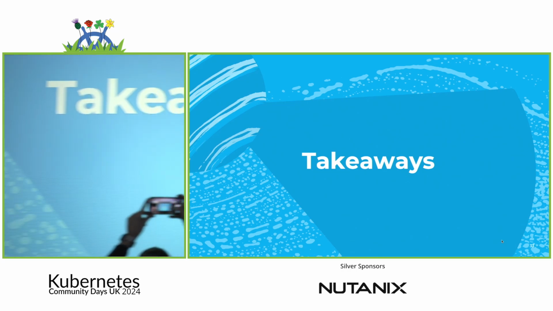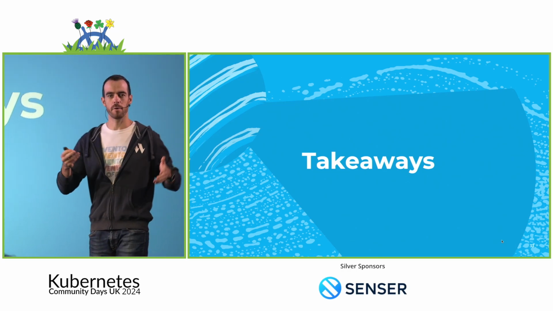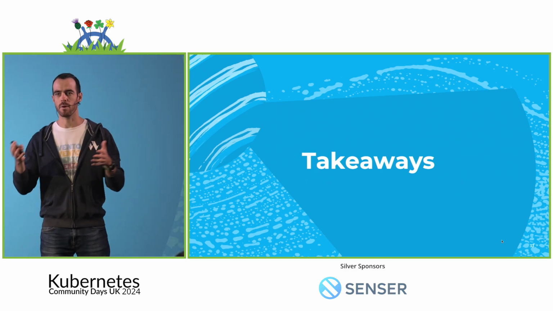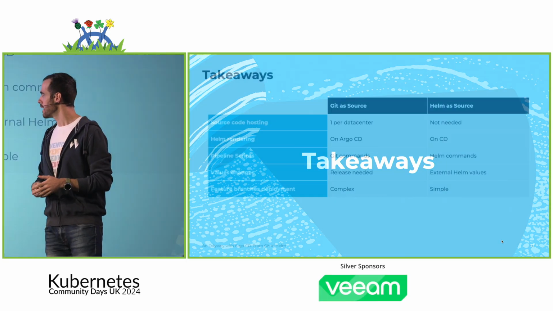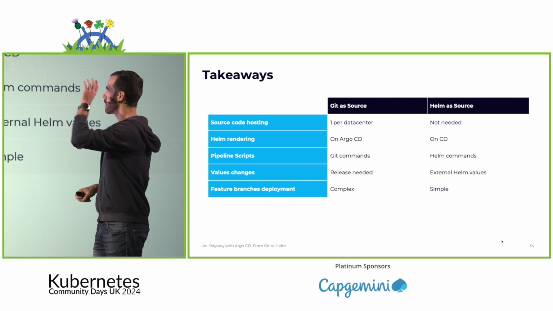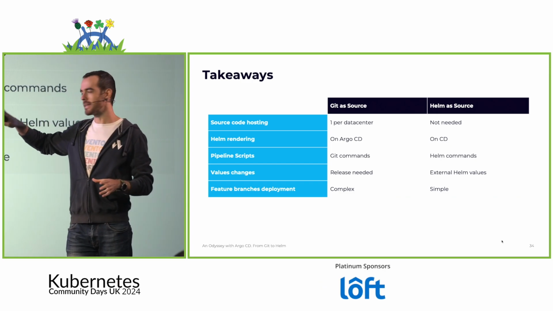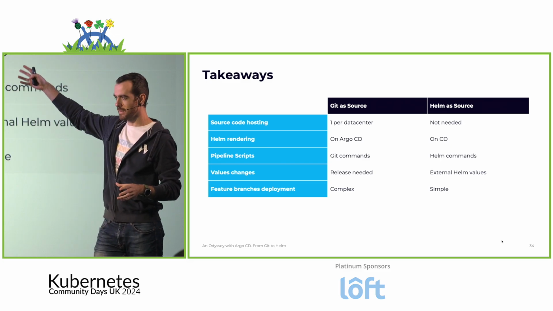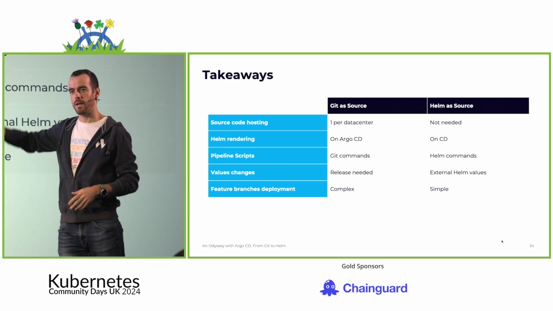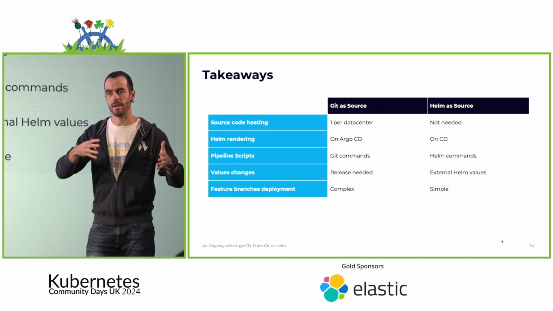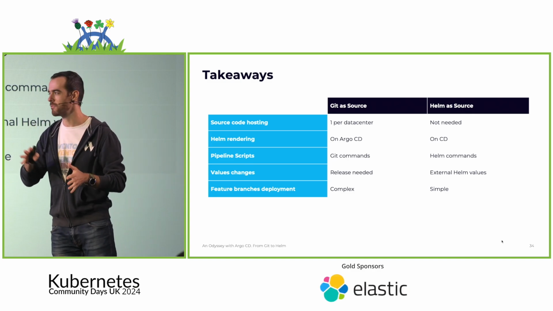All right, so let's go over the takeaways of our decision path and what we changed over time. Because we first used Git as a source, we had to set up those Git mirrors. Again, that was infrastructure we didn't have before.